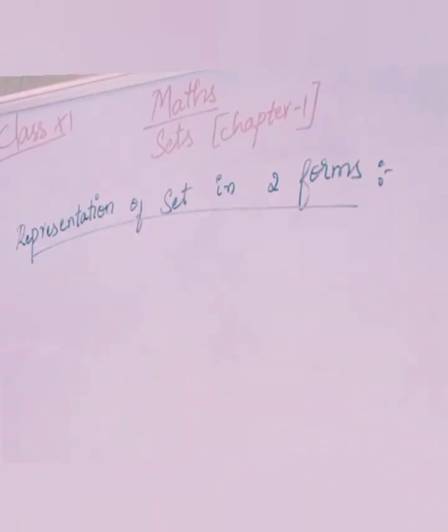Next concept, representation of sets in 2 forms. We already know what a set is, we know the examples, and how to represent it by capital letter and closed curly braces, and that it should not vary from person to person.